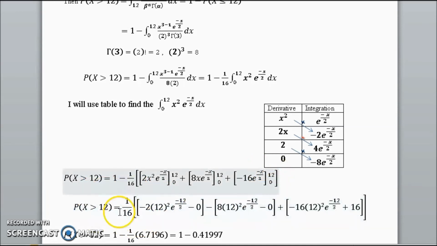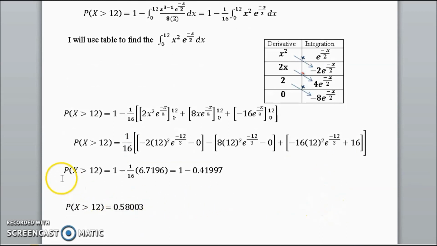Then we substitute the values 12 and 0 to find the result of the integration. 1 over 16 times: minus 2 times 12 power 2 e to the minus 12 over 2 minus 0, minus 8 times 12 e to the minus 12 over 2 minus 0, minus 16 e to the minus 12 over 2 plus 16.